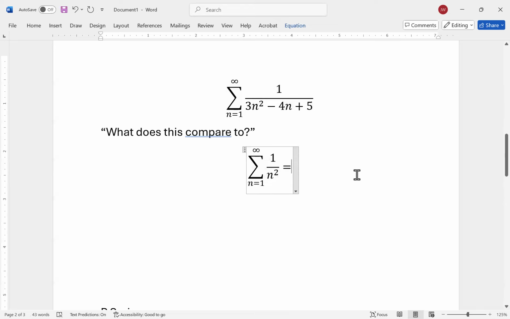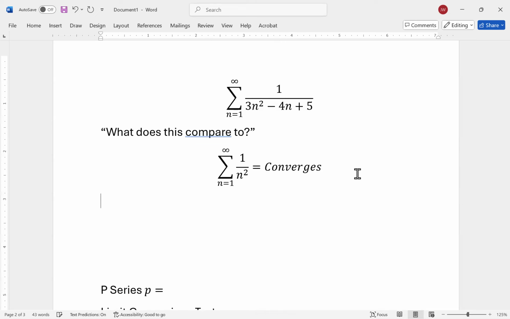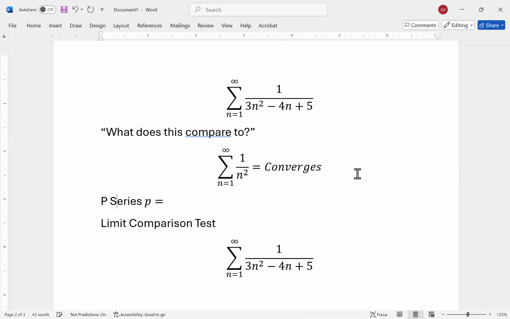So the terms in the series are kind of behaving like 1 over a quadratic. And I already know that the series summing up 1 over n squared from n equals 1 to infinity converges, because it's a p-series. In fact, I already wrote that down. And it's a p-series with p of 2.